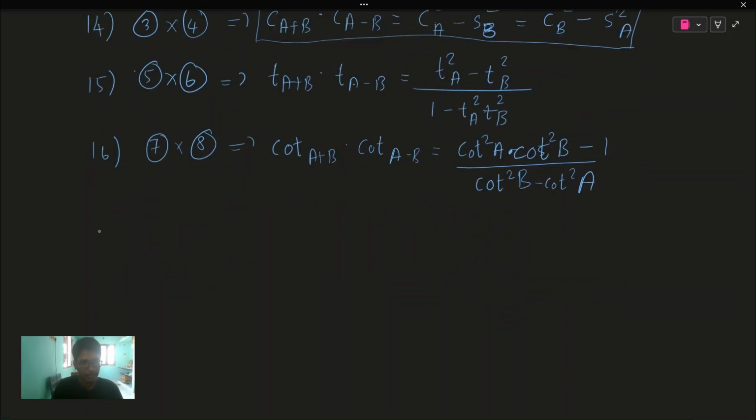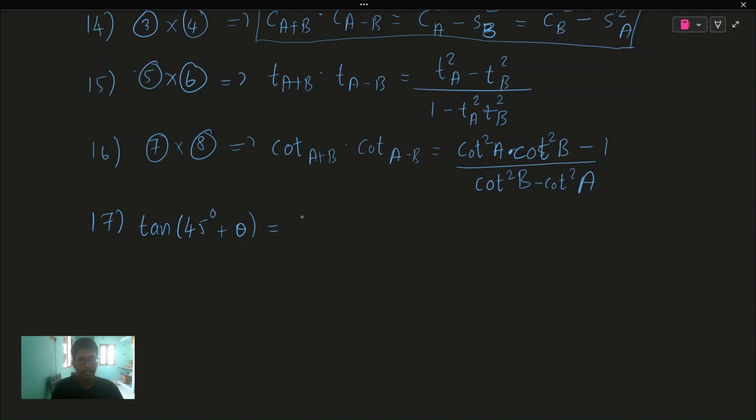Now there is a very important identity. This is mostly useful in some of the numericals when we solve. Tan of 45 degrees plus theta is equal to, we popularly know that tan of A plus B is equal to tan A plus tan B divided by 1 minus tan A tan B, as per the fifth equation we just solved.